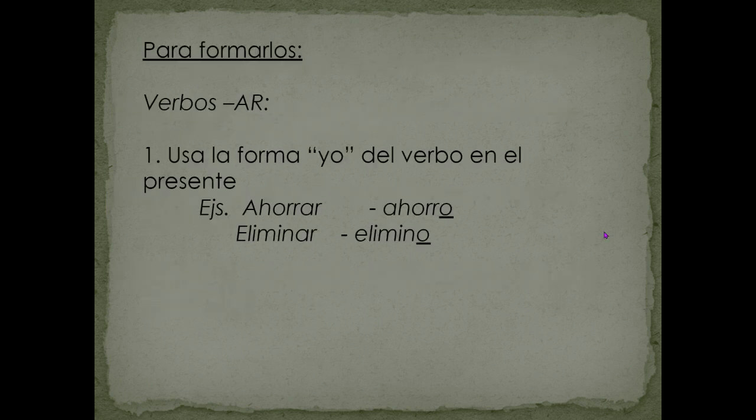So, para formarlos con los verbos AR is going to look really familiar to you. Usa la forma yo del verbo en el presente. So you start with ahorro for ahorrar, which is like to save money or resources, and elimino for eliminar. Quita la o, get rid of the o, just like with the subjunctive: ahorr and elimin.